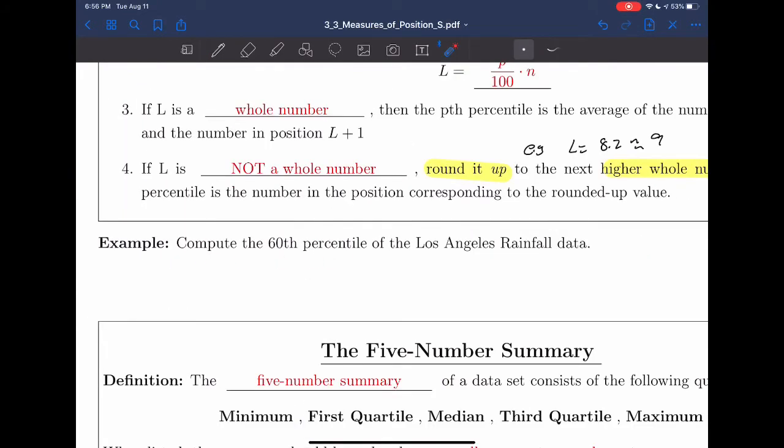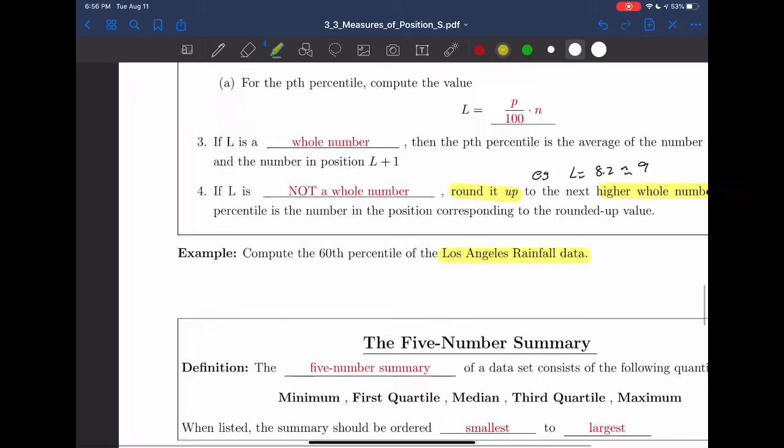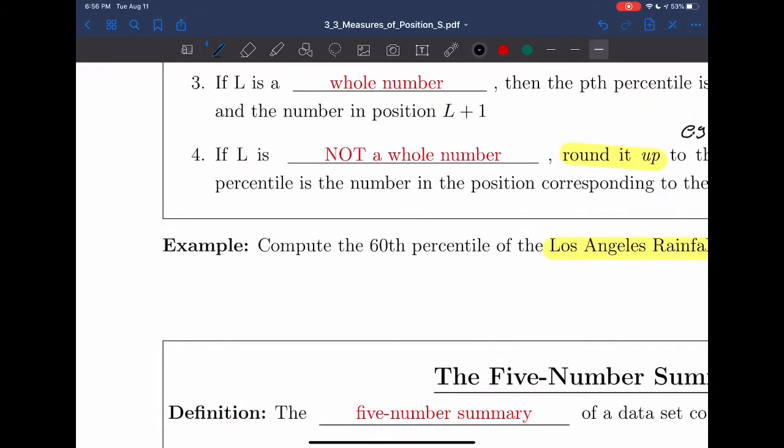Let's say you want to know the 60th percentile from the LA rainfall data set that we worked on earlier. So we have to compute our L, which is 60 over 100 times n, and this will be 27. And notice that this is a whole number. So we have to take the average between the L and L plus 1 position.